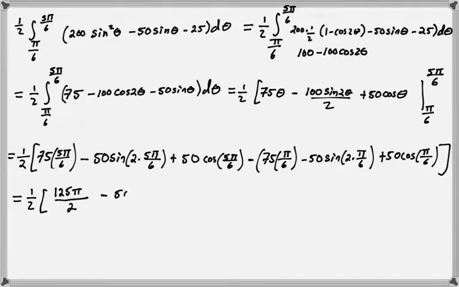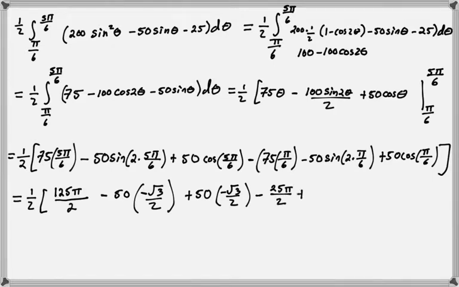Minus 50, and then we have the sine of 5 pi over 3, which is going to be negative root 3 over 2, plus 50 cosine of 5 pi over 6, which is going to be negative root 3 over 2, minus 25 pi over 2, plus 50 times the sine of pi over 3, which is root 3 over 2, plus 50, minus 50, and the cosine of pi over 6 is going to be root 3 over 2.